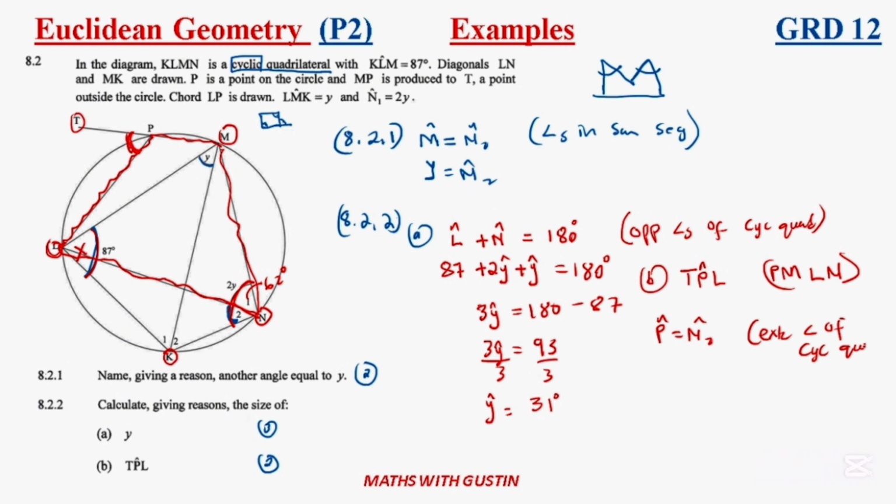I know there are many ways to kill a cat. If you've got another way of finding this, please let me know, guys. I'm just cheating it because I can see that is already 2 marks, so P will have to be twice y, which is 31 degrees there, which will give us 62.